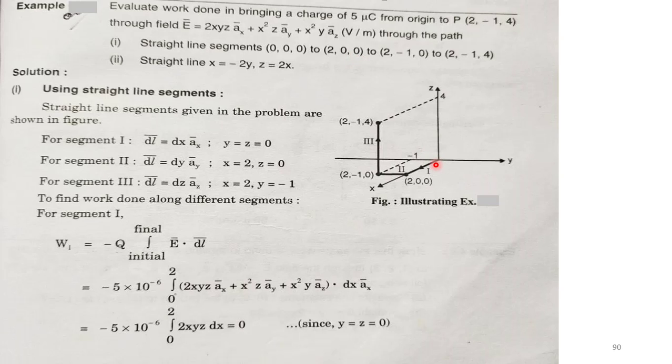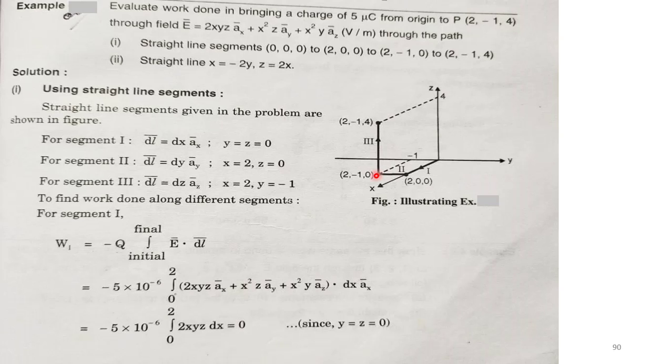So this point charge is going to be moved to (2, 0, 0) on the x axis itself. Now the next point where the charge is moved is (2, -1, 0), meaning the y value here is -1. So we are going to move this point towards left by -1.